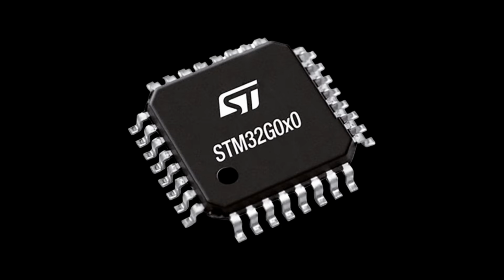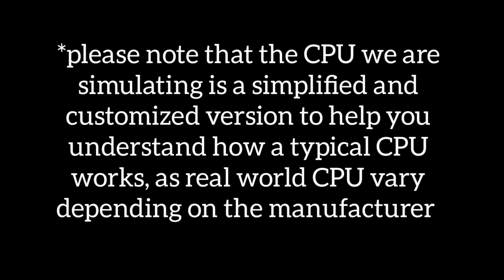We'll be using the Harvard architecture to explain how a microprocessor works, since this is the same architecture used in most microcontrollers today. But before we start, please note that the CPU we'll be simulating is a simplified and customized version, designed to help you clearly understand how a typical microprocessor works. Real-world microprocessors vary depending on the manufacturer.